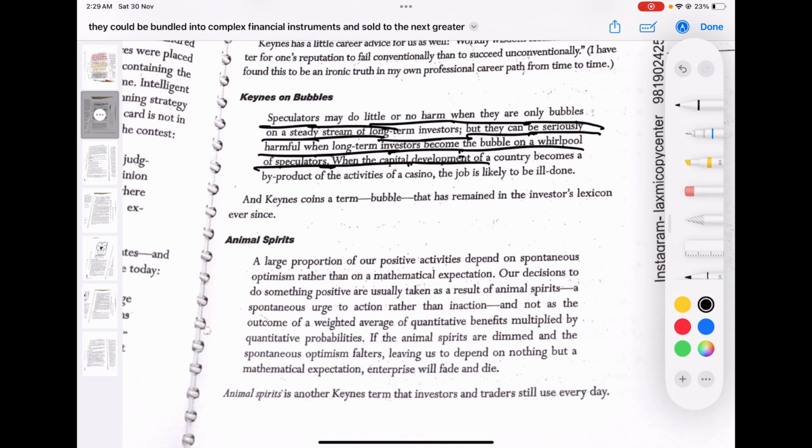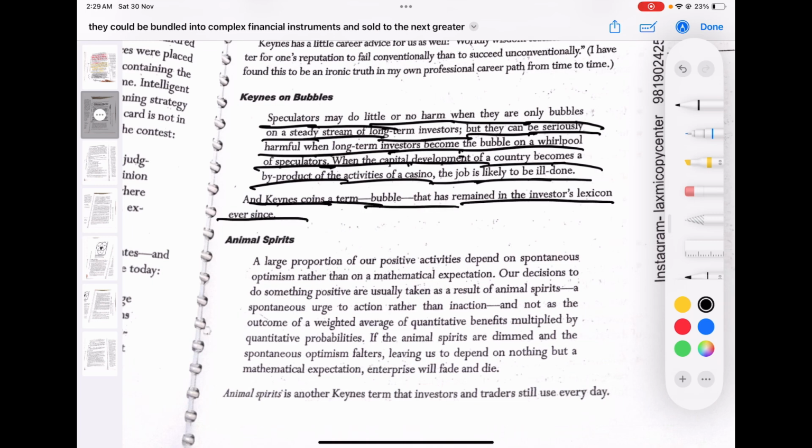When the capital development of the country becomes a byproduct of the activities of a casino, the job is likely to be ill done. And Keynes coins a term, bubble, that has remained in investors' lexicon ever since. So you need to know that this whole thing called a bubble was started by Keynes himself.